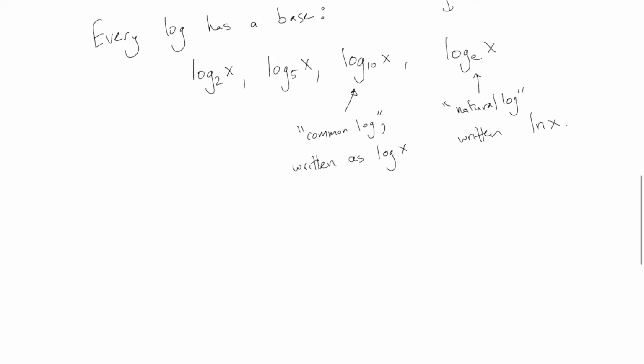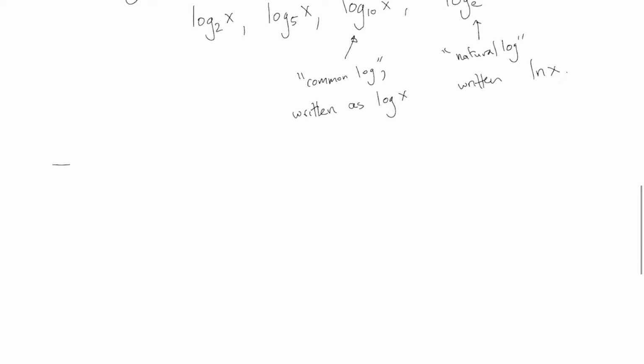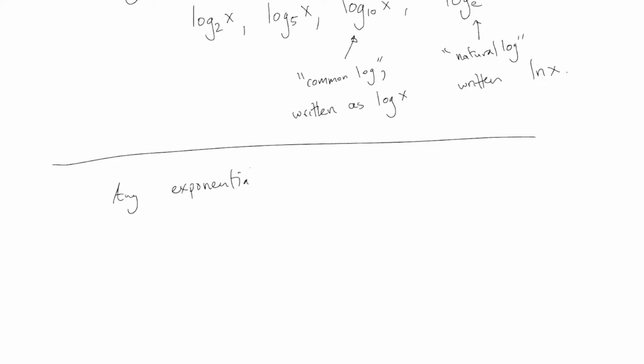All right. Anyway, what does this all mean? Like I said, these logs go together with the exponential functions, and any exponential equation can be rewritten in what we call the logarithmic form.